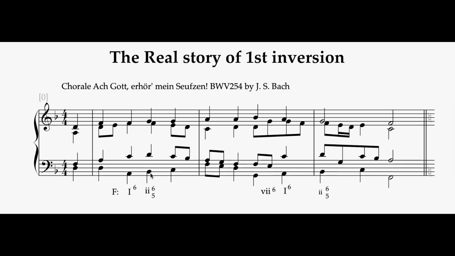So here we have, in fact, this is chord 2 in first inversion. We just have this suspended F here that continues. So here we have another first inversion chord. So we've gone from one first inversion to another first inversion. And then here we have this step up.